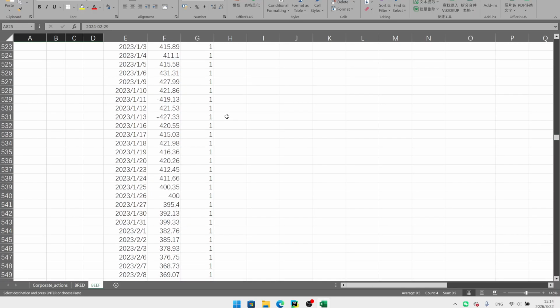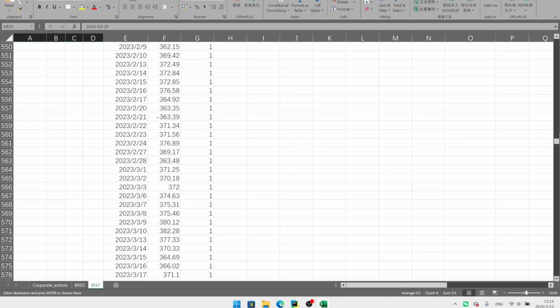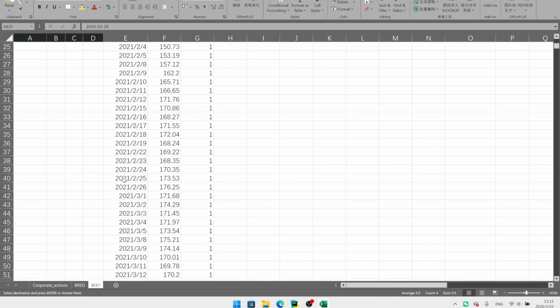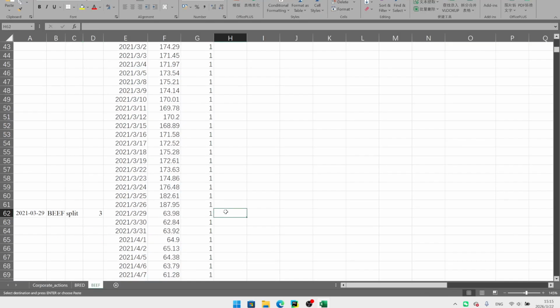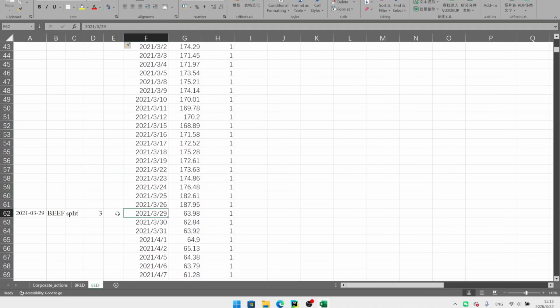Okay, here we go. So for the first calculation, it is the split. So we need to insert it as well. Minus, divide by 3. That's it. So we need to put it here. So it's a number, the value.